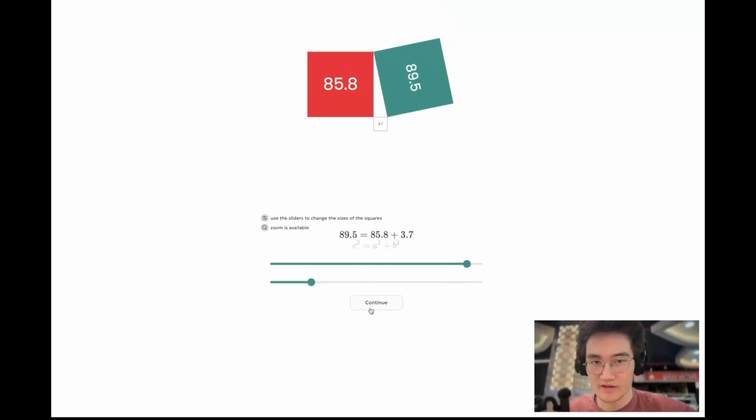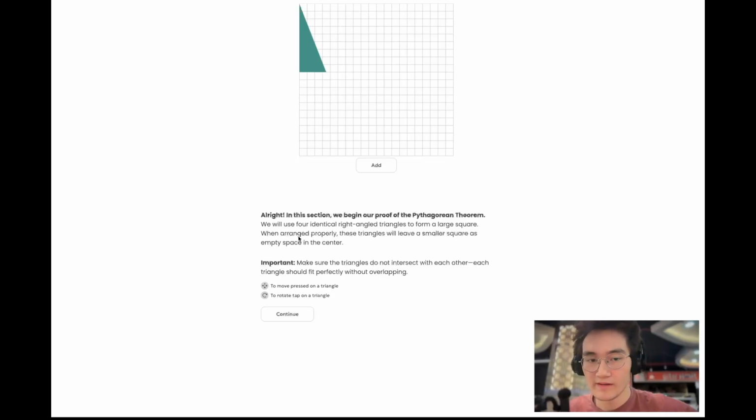Okay, let's continue. All right, in this section we begin our proof of the Pythagorean theorem. We'll use four identical right-angled triangles to form a large square. When arranged properly, these triangles will leave a smaller square as empty space in the center. Important, make sure the triangles don't intersect with each other.